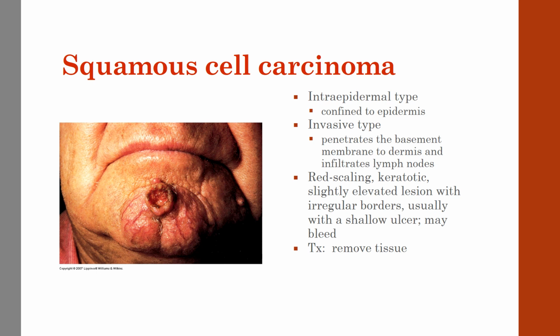Another one is squamous, and it's invasive, and it will go to the dermis and lymph nodes, and again, has a shallow border and ulcer, bleeding, but again can be very devastating.